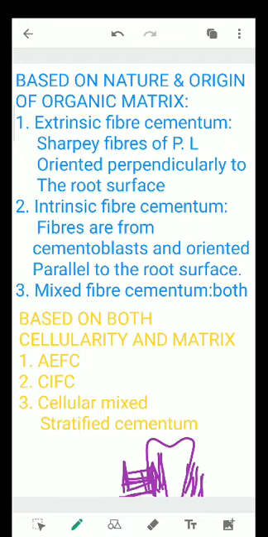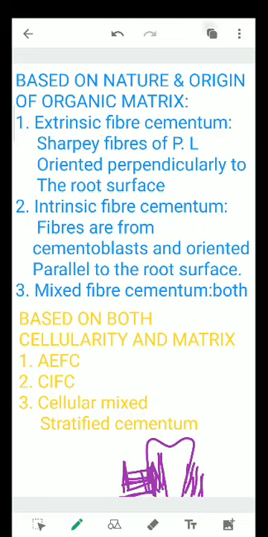The CIFC, that is cellular intrinsic fiber cementum, is found usually at the apical one-third of the root. Now, the cellular mixed stratified cementum is the apical portion of the root where we have both the AEFC and the CIFC; that cementum is referred to as the cellular mixed stratified cementum.